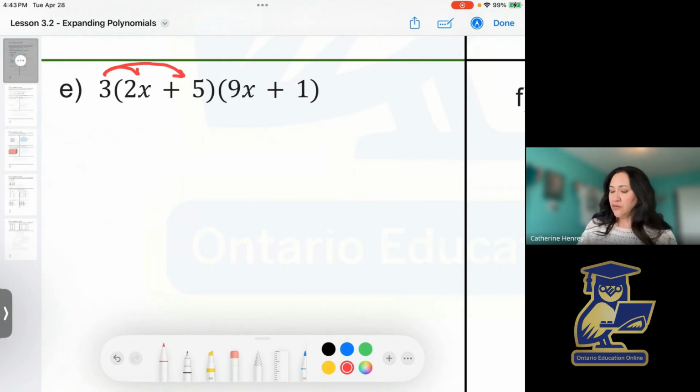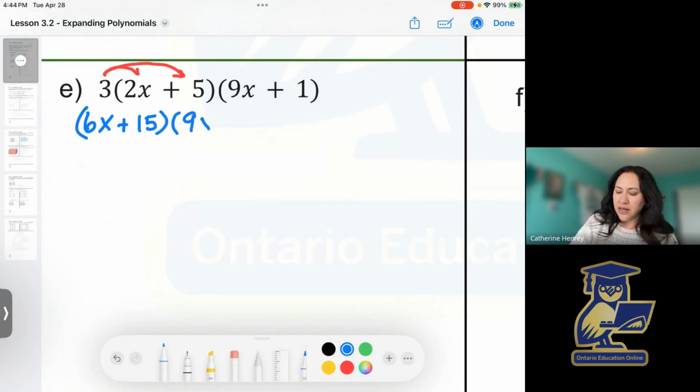So let's clear out the first bracket using distributive property, and we'll have 6x plus 15. And then we didn't address the second bracket 9x plus 1 yet, but we will now. So now we can use our FOIL, and we'll do first, outer, inner, and last.